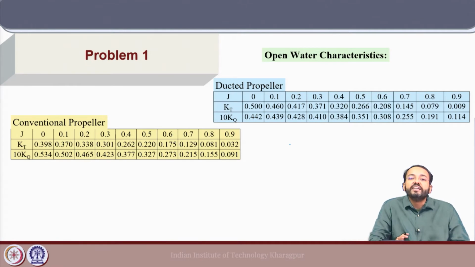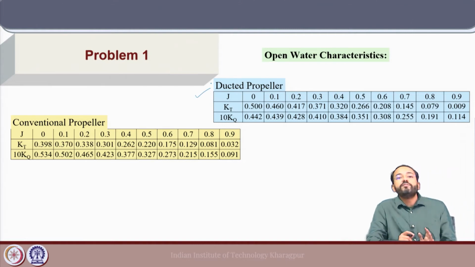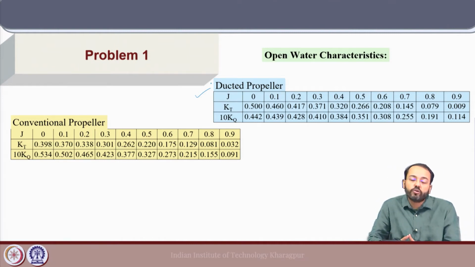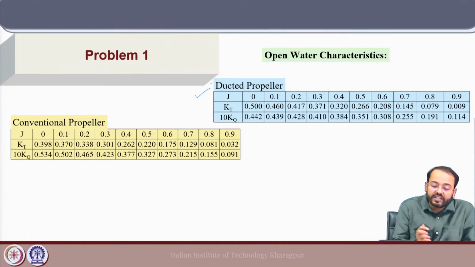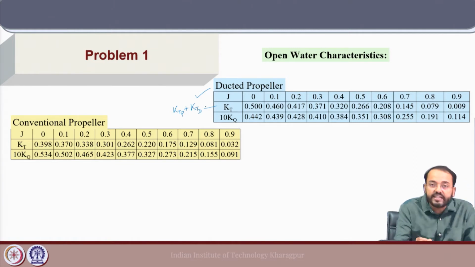Next, the open water diagram for both the propellers are provided. Now, for the ducted propeller, as we have seen, the open water diagram consists of the total thrust coefficient and the torque coefficient of the ducted propeller unit. So, here KT for the ducted propeller is KTP plus KTD.